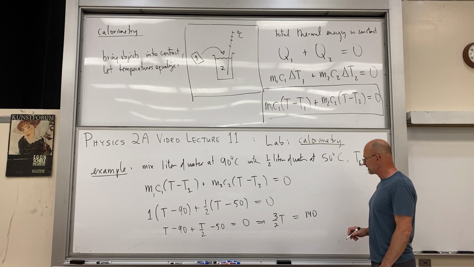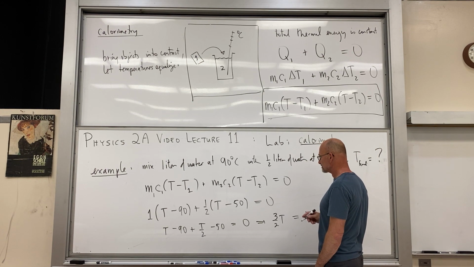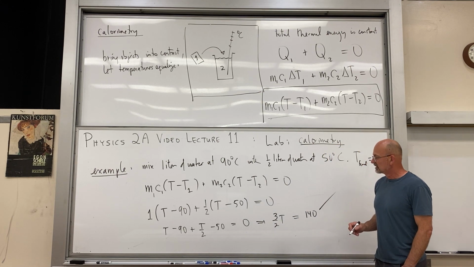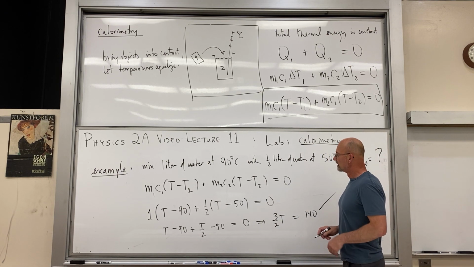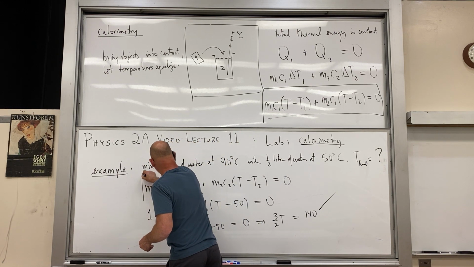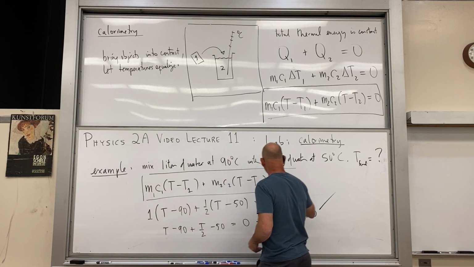And then T would be 2/3 of 140. Okay. So that's one example, and you always start here and then simplifying with your algebra.